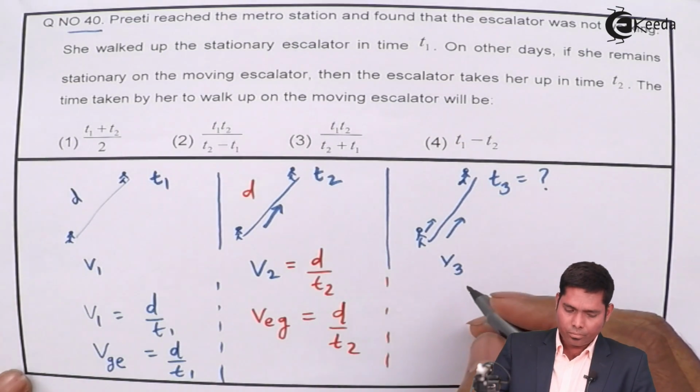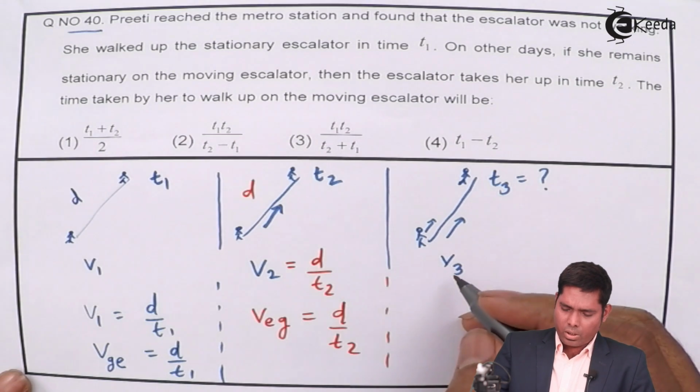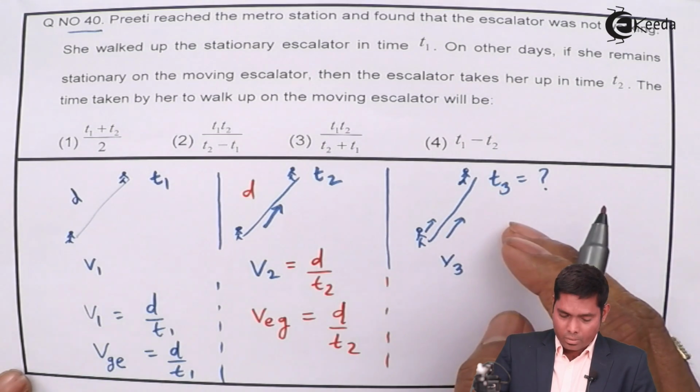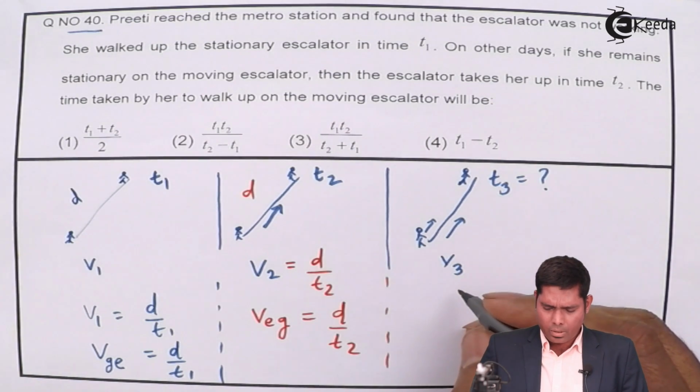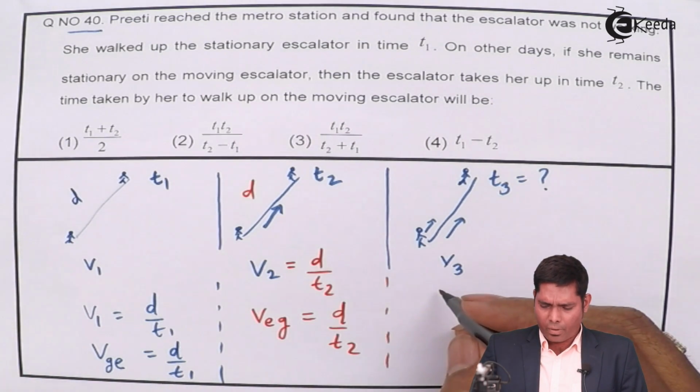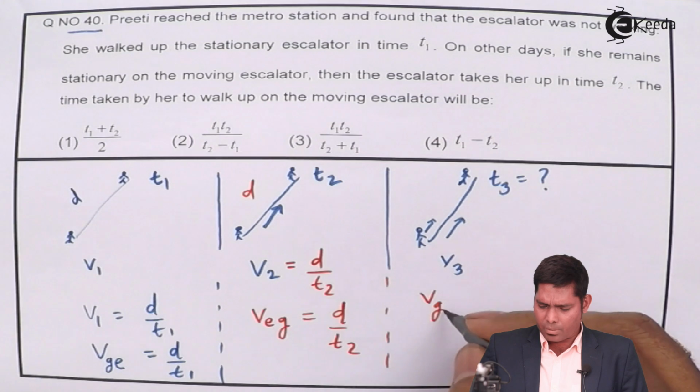Here both of them are moving, so we have to find the velocity of the girl with respect to ground.